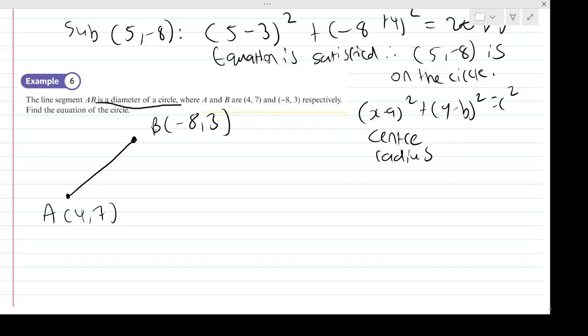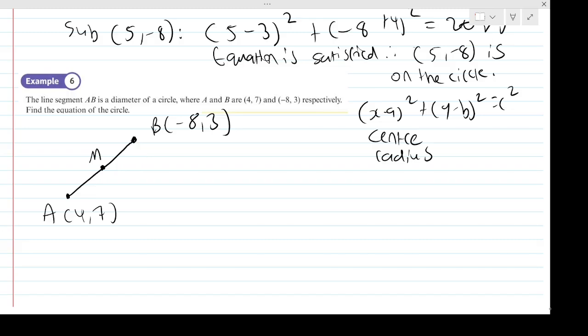Remember last time, if we had a diameter, the midpoint of the diameter must be the centre. So we call that M for the midpoint. The centre is the midpoint because it's a diameter. Halfway through the diameter is at the centre, because the midpoint splits it into two radii. And remember, the diameter has two lots of a radius.